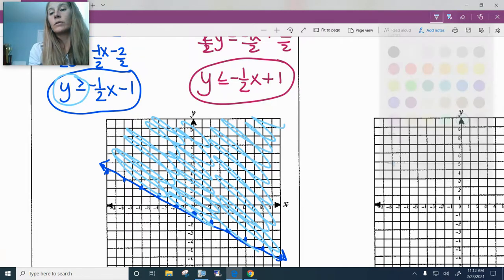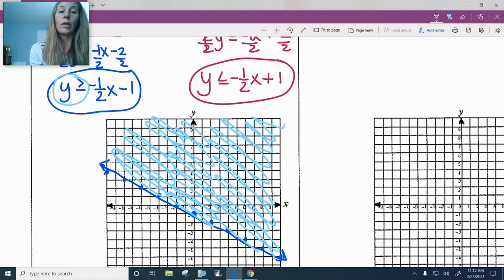All right, so now let's do the second inequality. +1, so we're going to begin at the +1 on the y-axis, and we're going to go down 1/2. Remember, when there's a negative, it's only applied to either the top or the bottom of the fraction, so I'm going to put it on the top, so I go down 1 and then 2 to the right, down 1 and 2 to the right, down 1 and 2 to the right.